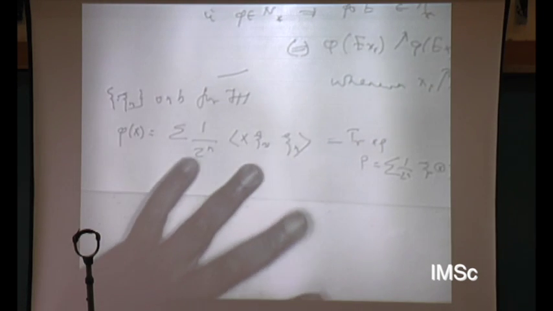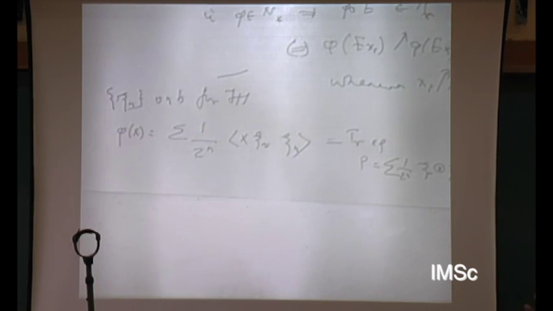So this is a normal state on all of B of H, sigma weakly continuous.